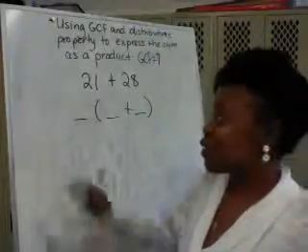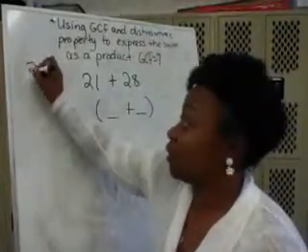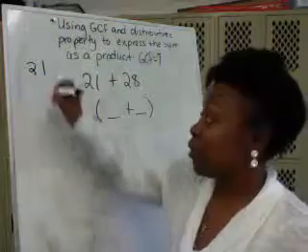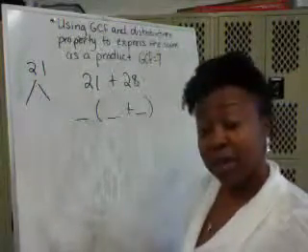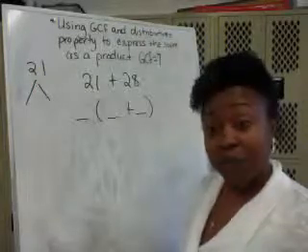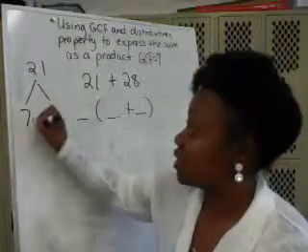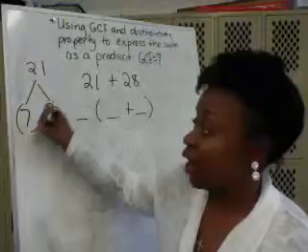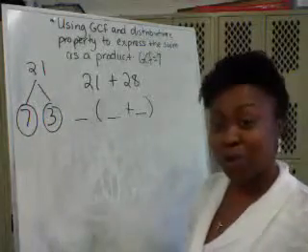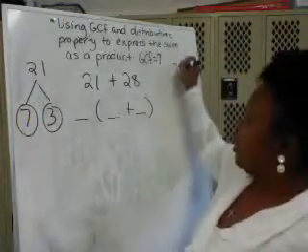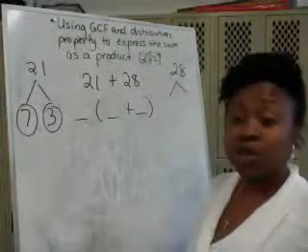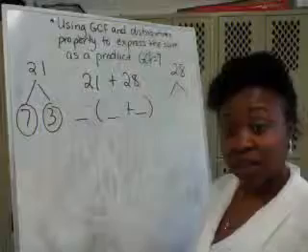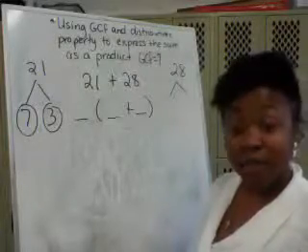So I'm going to go on the side, and I'm going to put 21, and I'm going to find my prime factorization. What two numbers multiply together to give me 21? I'm going to choose the two factors, 7 and 3. 7 times 3. They're both prime numbers, so I can move on. The next is 28. For 28, I'm going to choose two factors, and in this case, I'll choose 7 and 4.